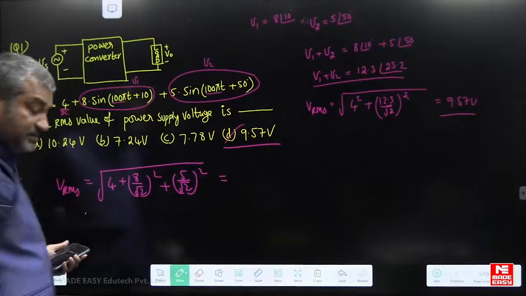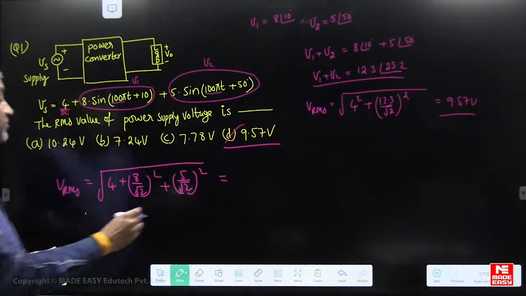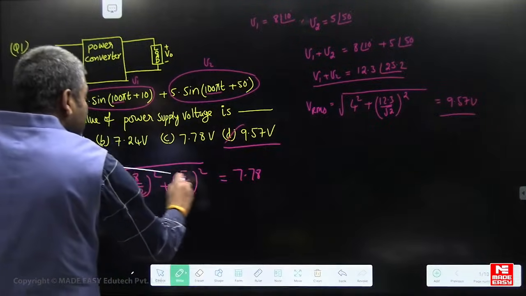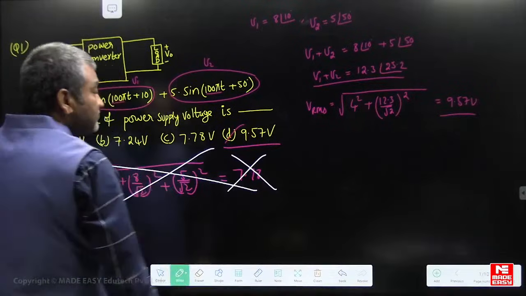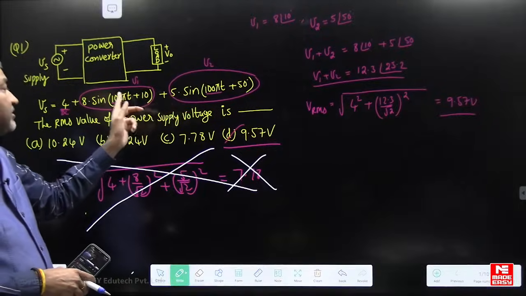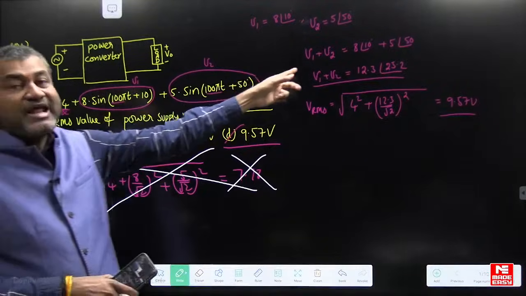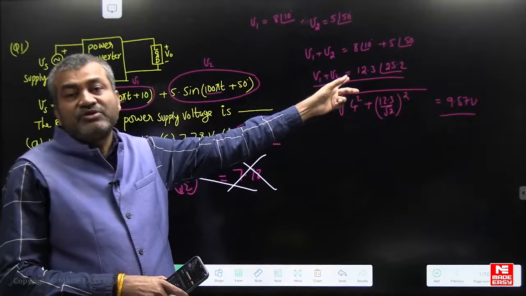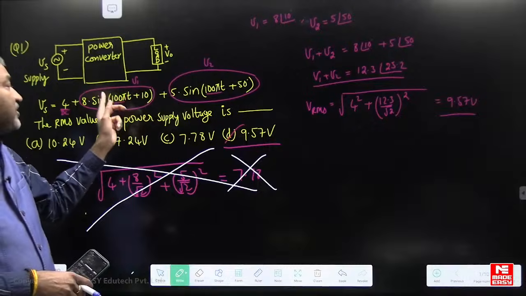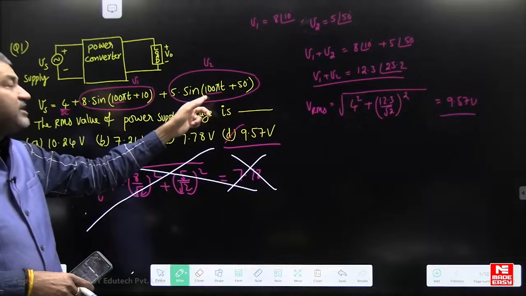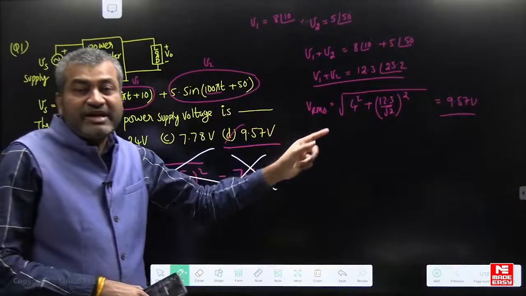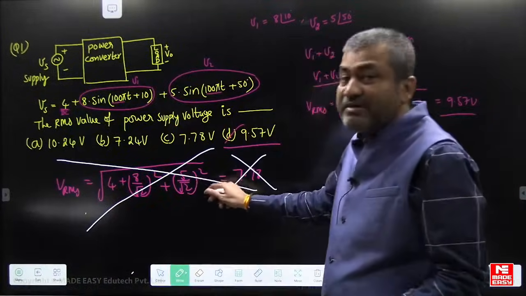If you calculate this, you will get 7.78. This is the wrong answer, because the frequencies are the same here. When frequencies are the same, you can add them directly as a vector sum. You need not use this method. You can use this method only when the frequencies are above the fundamental, like the third harmonic at 300 pi t. When frequencies are the same, use the vector sum. 90% of the students made the same mistake.